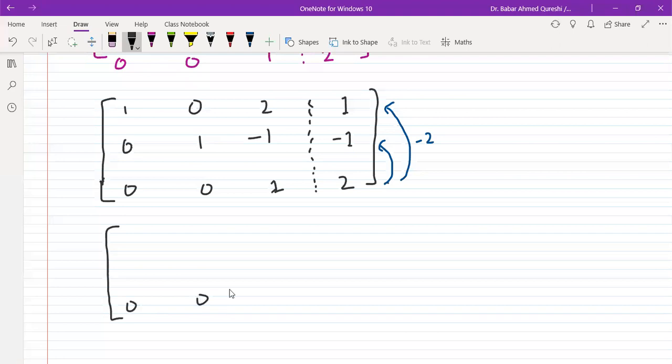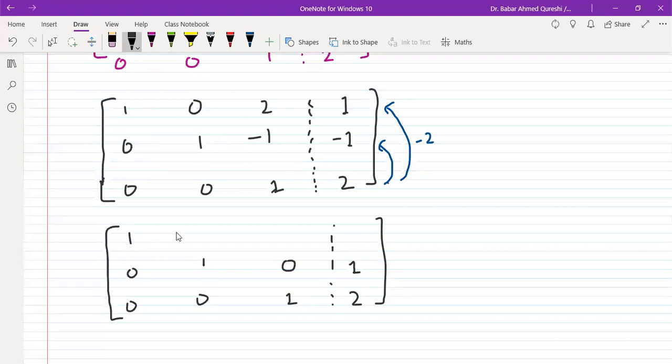This row remains same. This is just a 0, remains same. I'm multiplying this by 0, adding above, nothing happens. When I add this up there, I get a 0 here. Add this up there, 2 plus minus 1 gives me a 1.